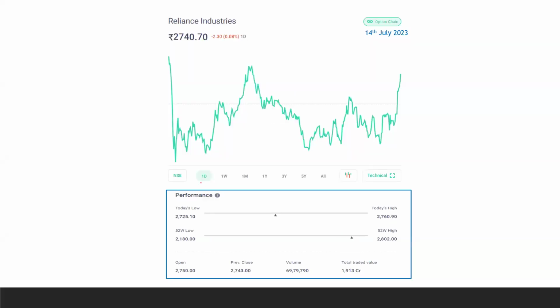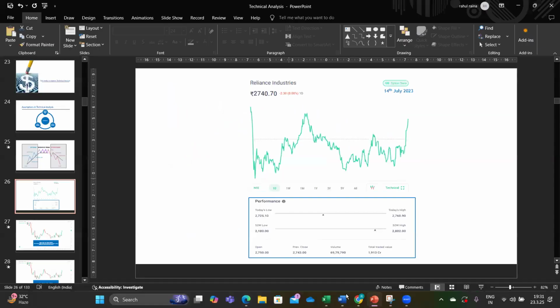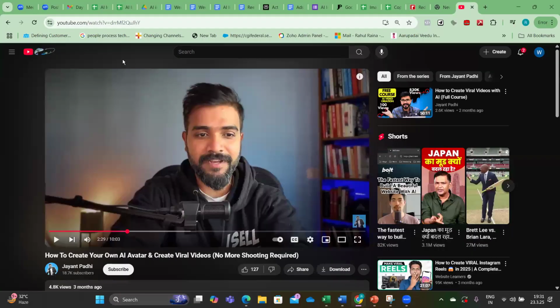Now let's see. This is a very simple basic chart. This is basically a line chart. Let me open the actual one.